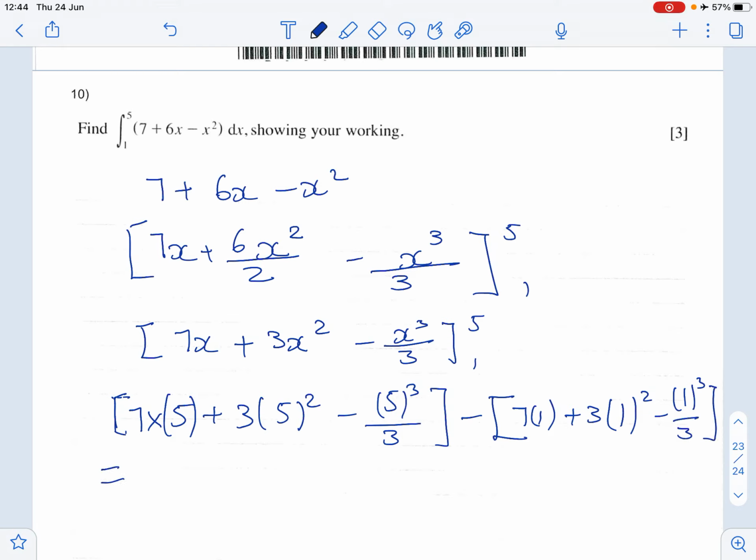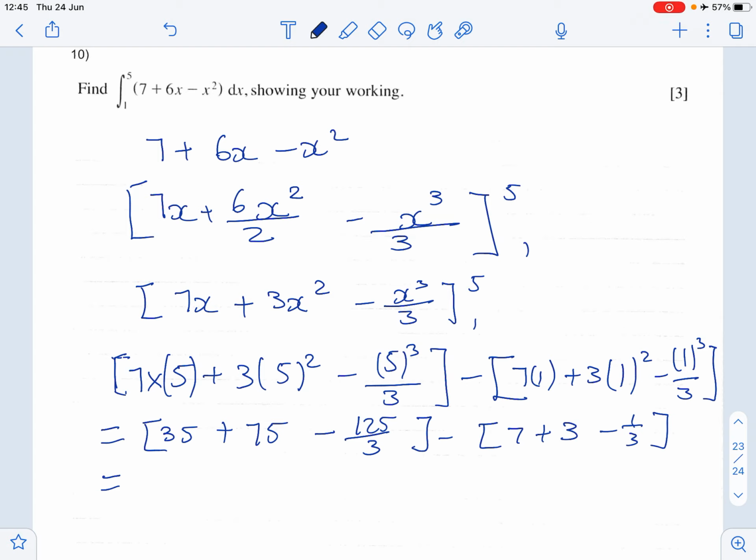So now you just type it into your calculator. So you have 35 plus 75 minus 125 over 3, minus 7 plus 3 minus a third.